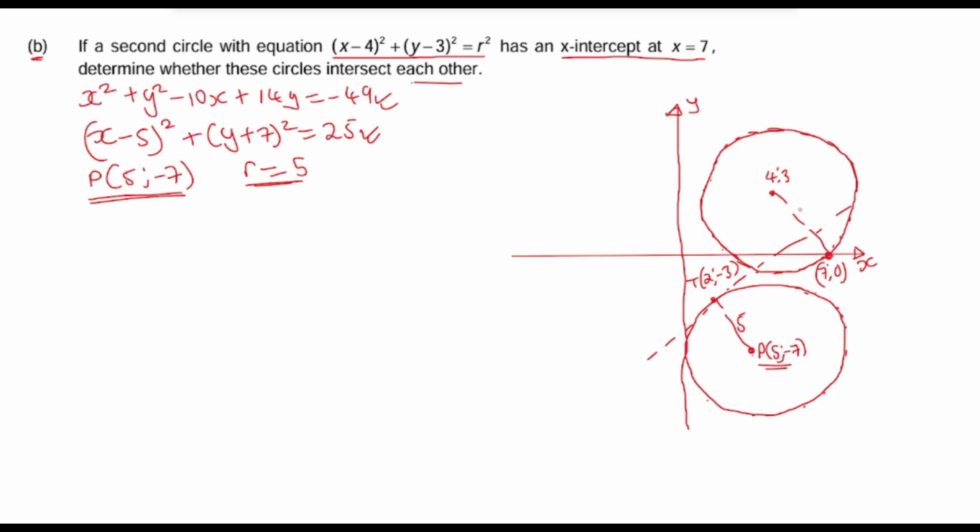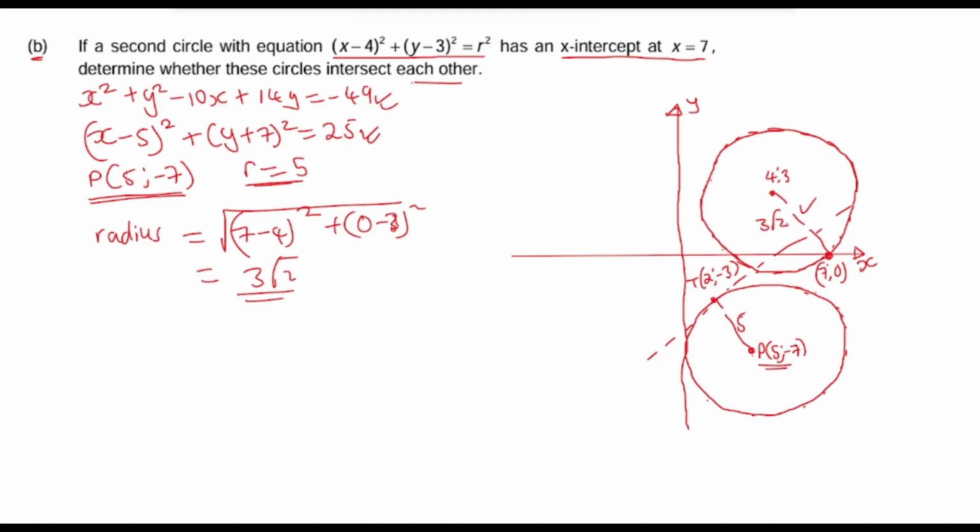Let's start by finding the radius of the new circle. So we're going to use the distance formula. The radius of the new circle is going to be the square root of (7 minus 4) squared, plus (0 minus 3) squared. And then what do we get? We get 3 root 2. It means this one is 3 root 2.